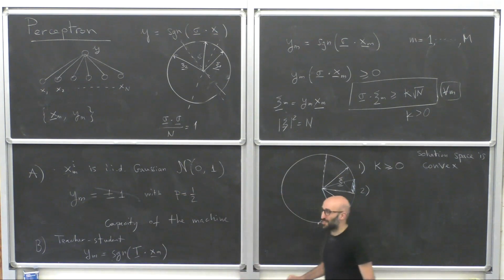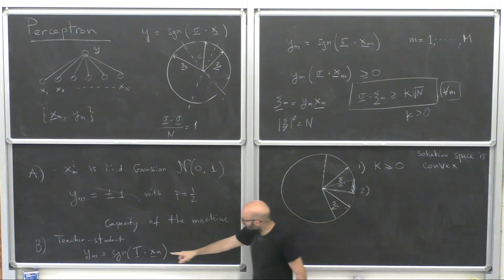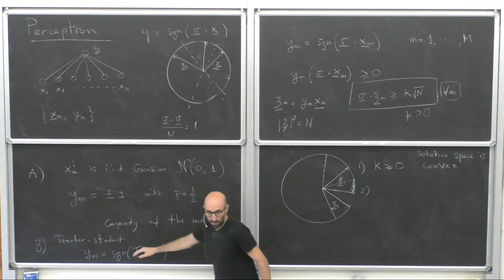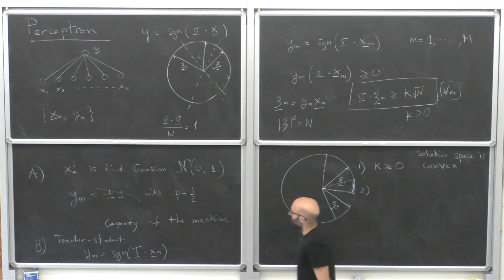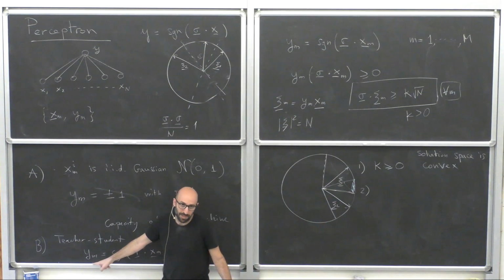So there is a teacher T, a vector on the same sphere. You decide the labels by applying the same thing with the teacher. So now you have random inputs, but non-random labels.